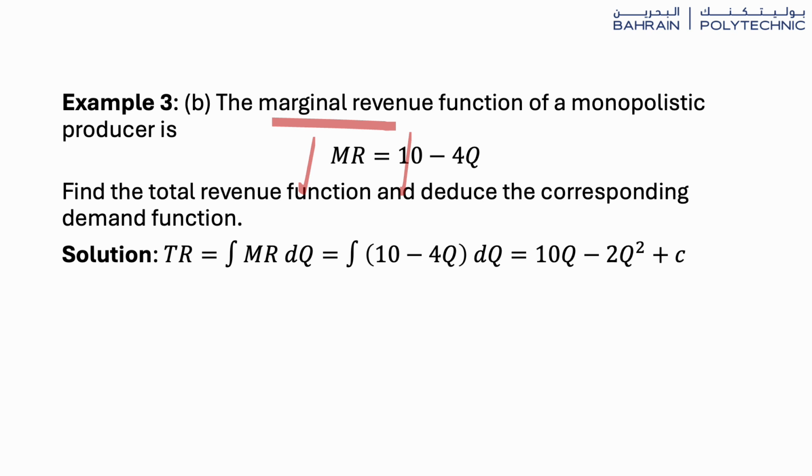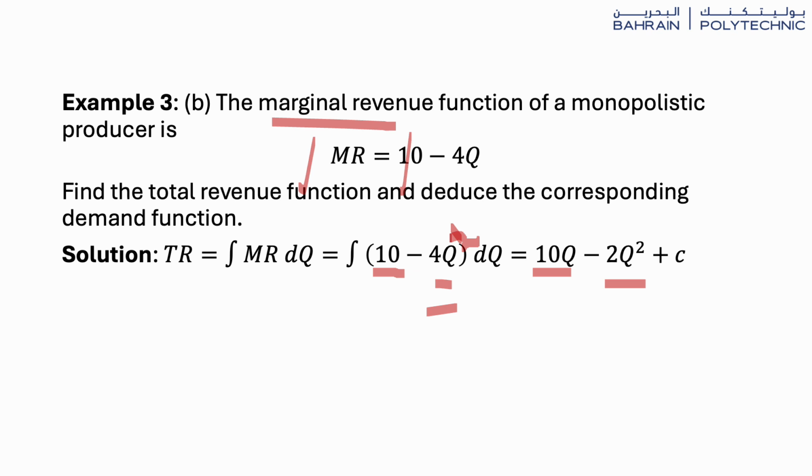The integration of 10 will be just 10q. The integration of 4q, it will be q squared over 2. So the 2 will be cancelled with 2, and in that case it will be just 2q squared as a result. And we don't forget to add the constant.